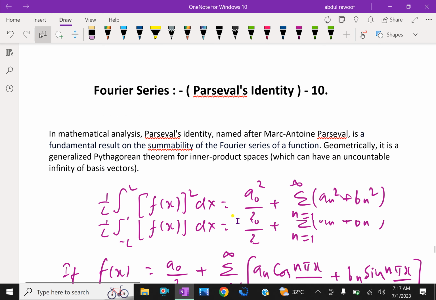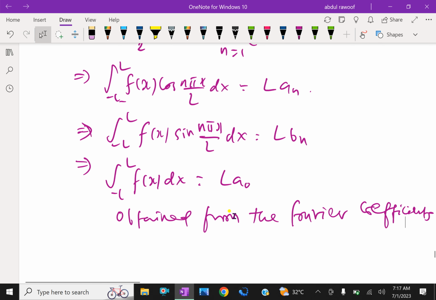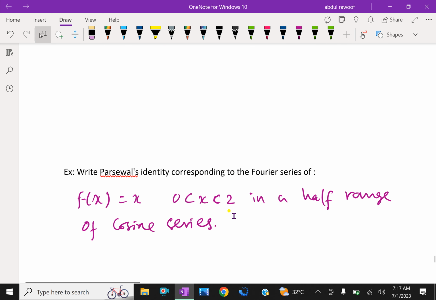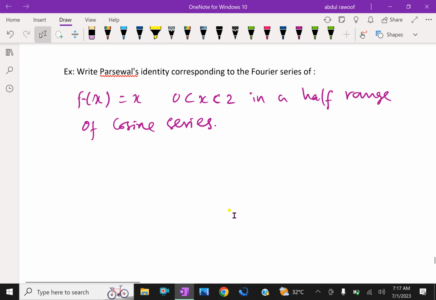Now let us do some example problem regarding Parseval's identity. Write Parseval's identity corresponding to the Fourier series of f of x equal to x, that is 0 to 2, in a half range cosine series. Now look at here.